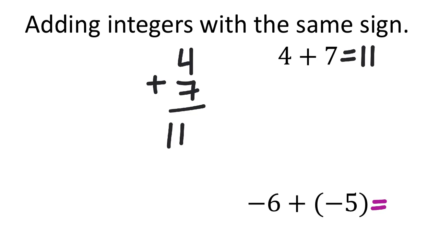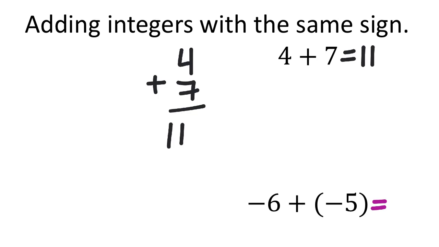Now, one thing we should consider on this next problem, though, it's a -6 plus -5. I guess my first question would be, is the answer going to be a positive or negative?